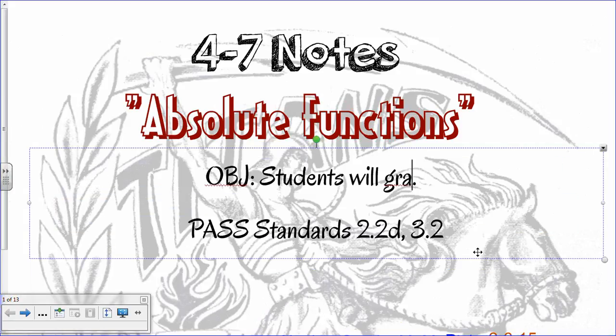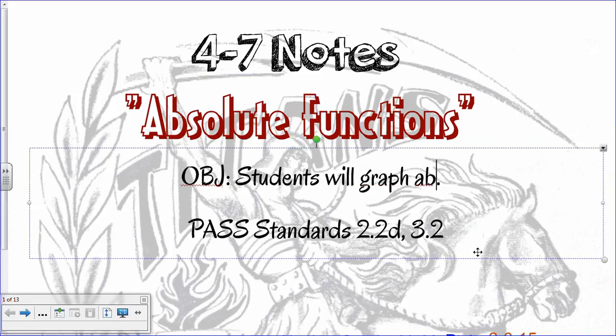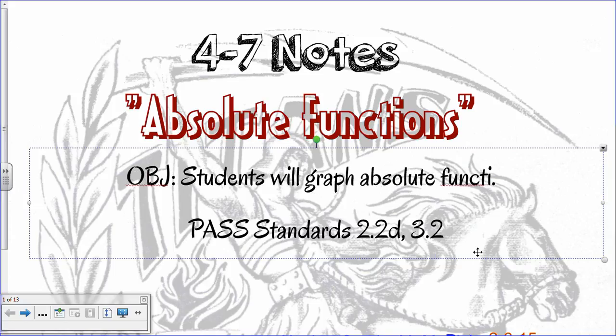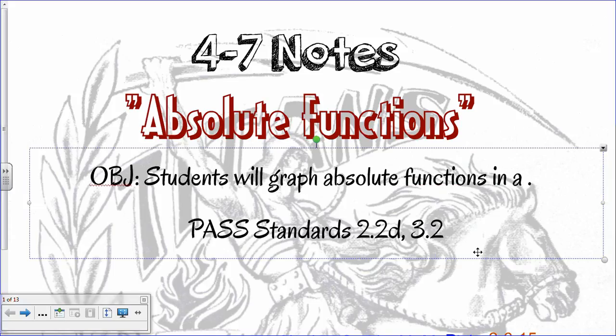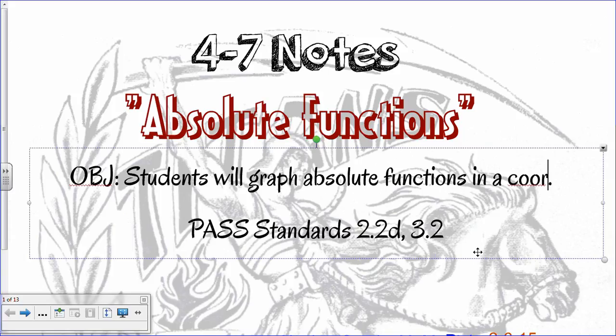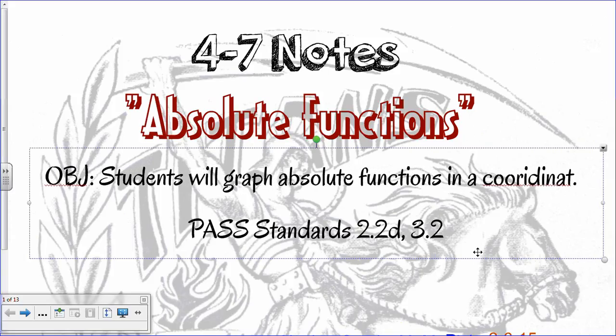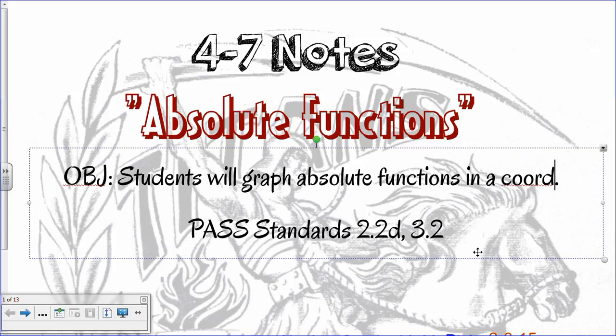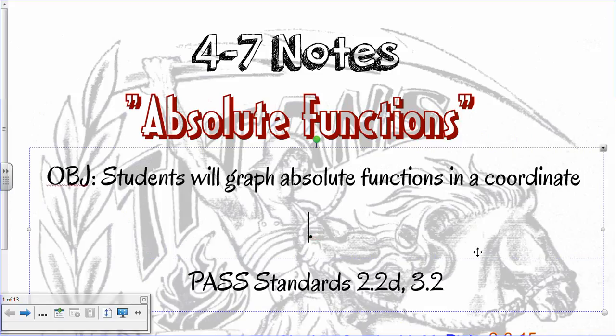Students will graph absolute value functions in a coordinate plane using translations. How do you spell coordinate?